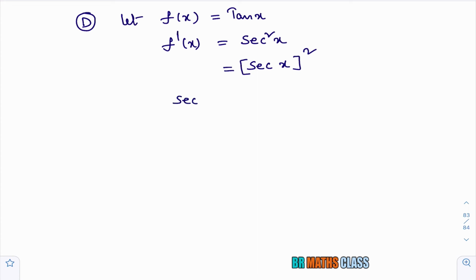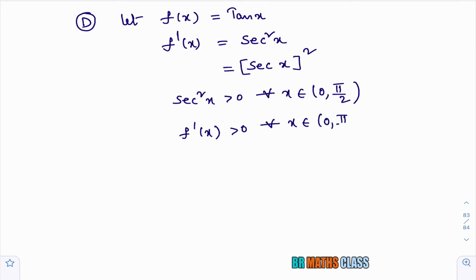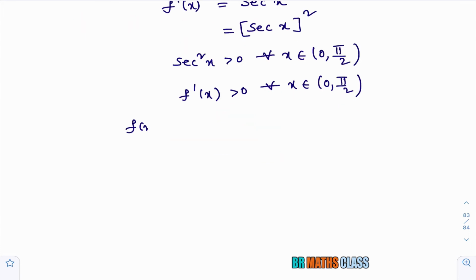Secant square x is greater than 0 for all x belongs to open interval 0, pi by 2. What is secant square x? Secant square x is f dash of x. F dash of x is greater than 0 for all x belongs to open interval 0, pi by 2. If f dash of x is strictly greater than 0, then we say that given function is strictly increasing function. Therefore, f of x is strictly increasing on open interval 0, pi by 2.